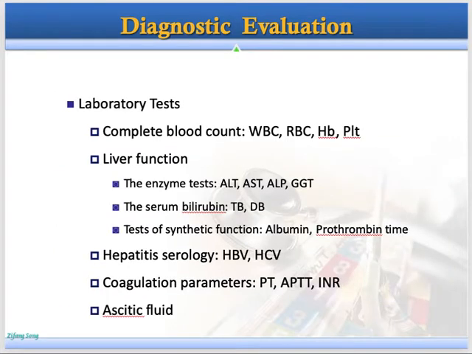And then we will go for the labs. We will do all the basics, CBC, RBCs, WBCs, and platelets can all be decreased. We will send the patient for liver function test, which will check the bilirubin level, ALT, AST, as well as GGT, gamma glutamyl transferase, and alkaline phosphatase.